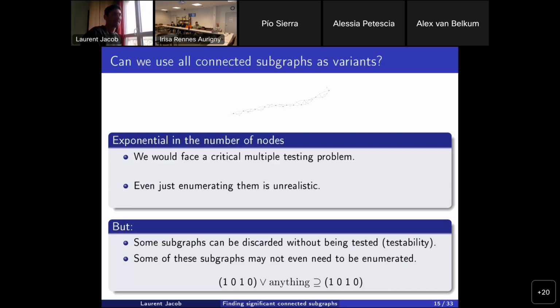The trick is that some of these subgraphs we'll be able to discard without even testing them, using a concept called testability that I will detail after. The very intuitive idea is that if you have a variant in general, forget the subgraphs for now, if you have a SNP that's present in all the samples in the panel, then you know there's no way it's going to be associated with anything on this panel, right?